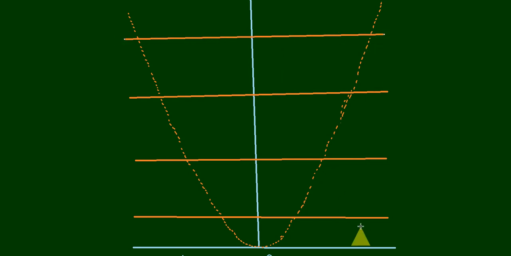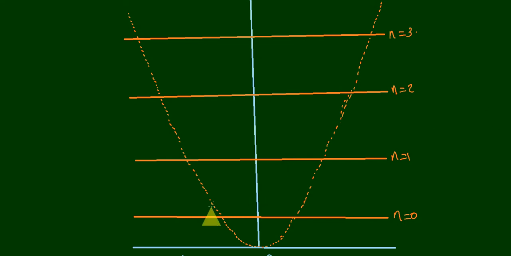Okay, so this corresponds to n is equal to 0, n is equal to 1, n is equal to 2, and n is equal to 3, etc. And now what I am going to do is I am going to plot psi functions in this graph.